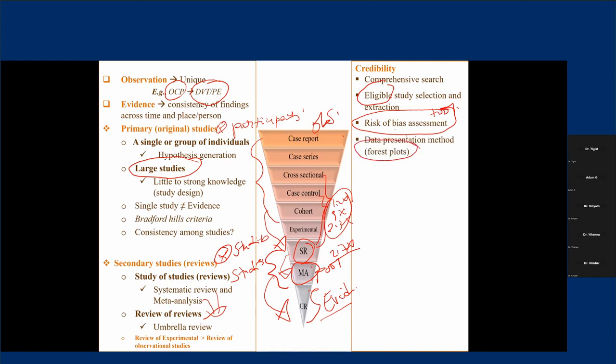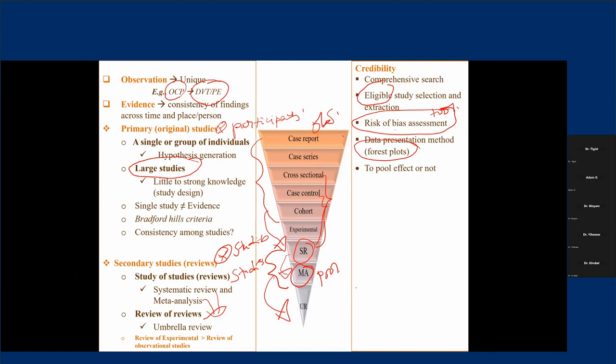The commonest and most acceptable way of presenting our data is using a forest plot, which I will show you later. And we have to decide, again, as I've explained earlier, you might wonder if meta-analysis can pull effects together and give us one number, why don't we do meta-analysis all the time instead of systematic review?